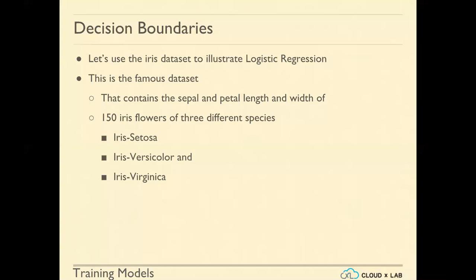Now, let's take a good example. There is something called the iris dataset. It has been there forever, and in almost every example of classification, we use the iris dataset as a kind of hello world. This iris dataset contains sepal and petal length.